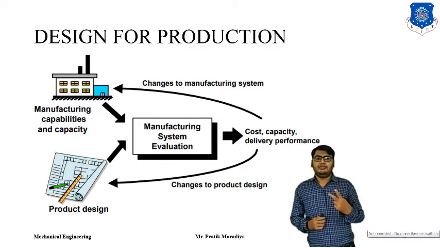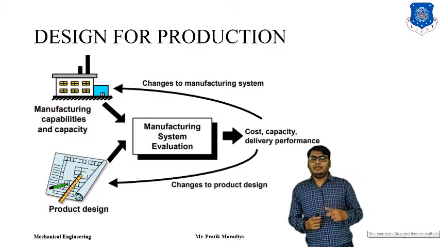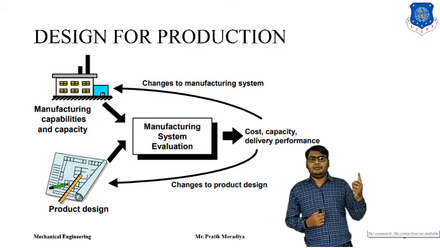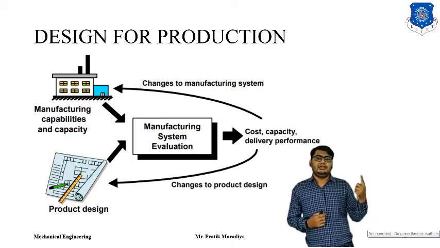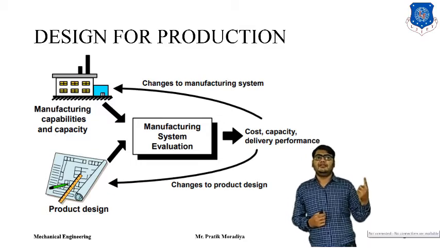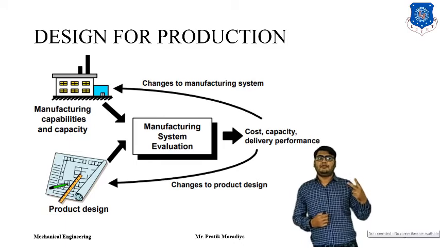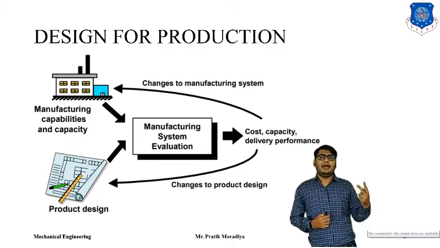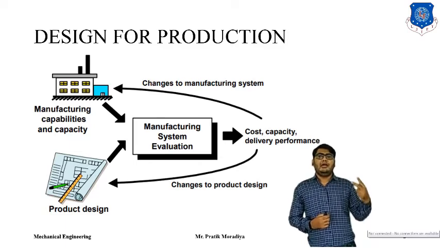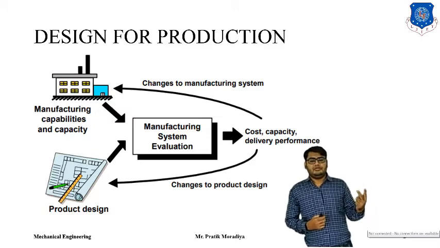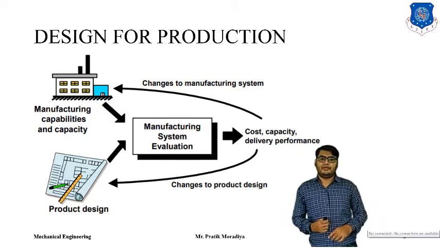Two things should be kept in mind. The first is, we need to produce the product with given specifications, with given functionalities, and second, we need to produce the product with the given or required or expected volume. So this is all about design for production.